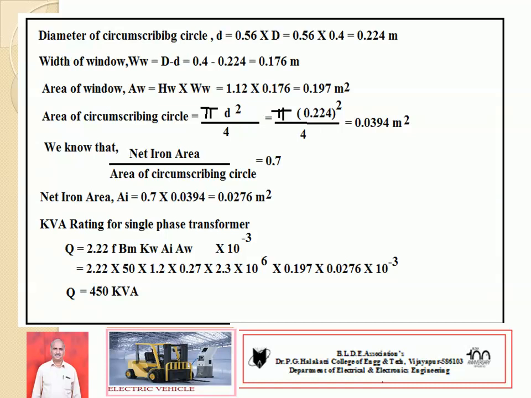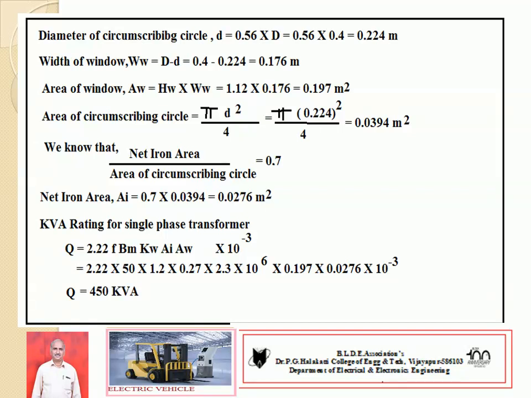After calculating all the values, he asked to calculate the kVA rating of the transformer. You must clearly observe whether the kVA rating is asked for single phase or three phase. It is very, very important. That's why you have to write down the data, whether single phase or three phase. Then write the output equation for the respective type of transformer.